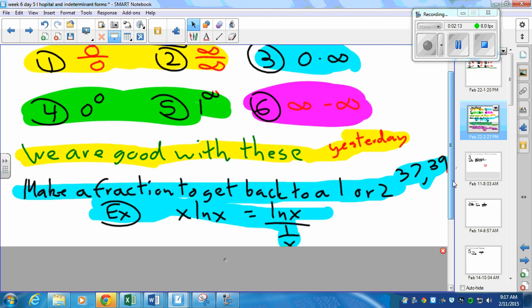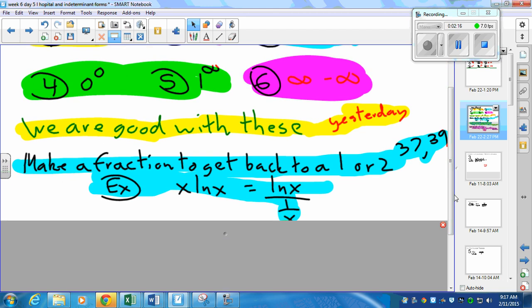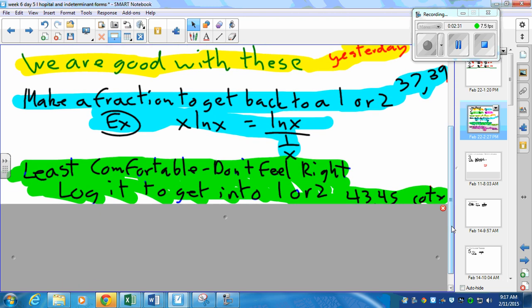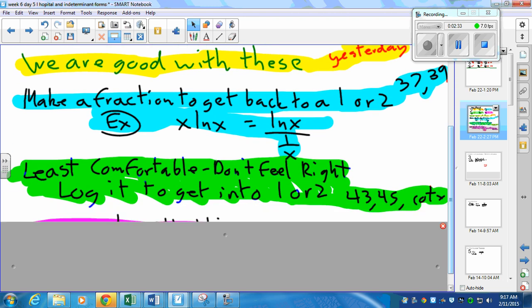4 is going to be the ones that you're the least comfortable with, because you can't just make it a fraction by saying 0 over 0 or infinity over 1. There's an exponent involved, and the only way to bring down an exponent is if you log. So on these, you have to log it first to pull down that exponent.